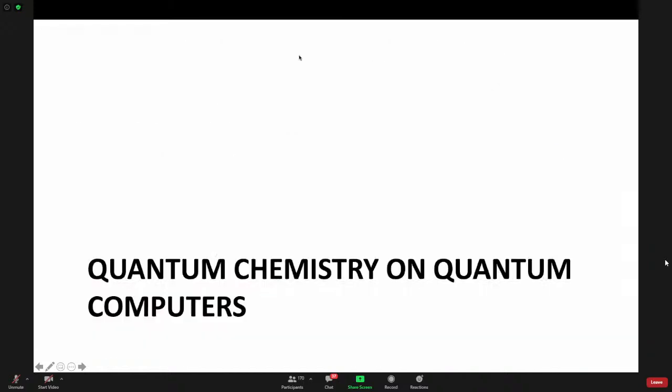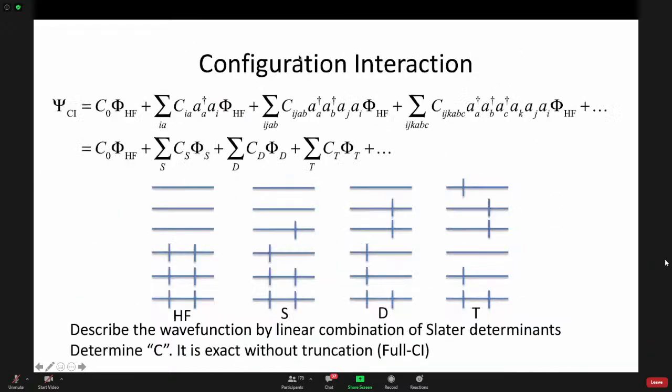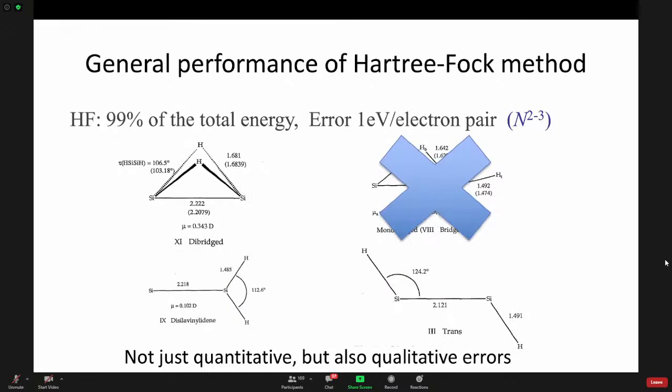Okay, first of all, I'll go back to some slides. I'm very sorry, but could you repeat the question again? The question is, what are the criteria for a molecule that it would hold good for the Hartree-Fock method?